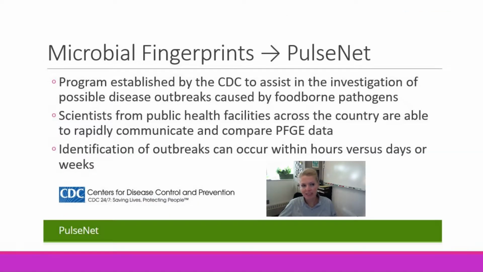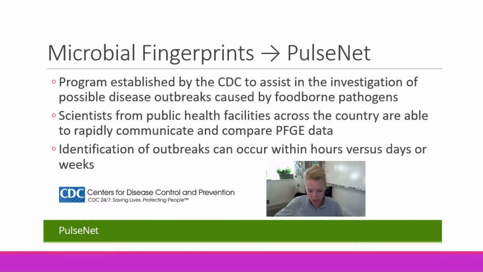As I mentioned in the previous slide, the CDC really uses these microbial fingerprints produced from pulse field gel electrophoresis to follow an outbreak and connect individuals. And all of this information is stored in this giant database called PulseNet. Public health units across the country all have access to PulseNet.